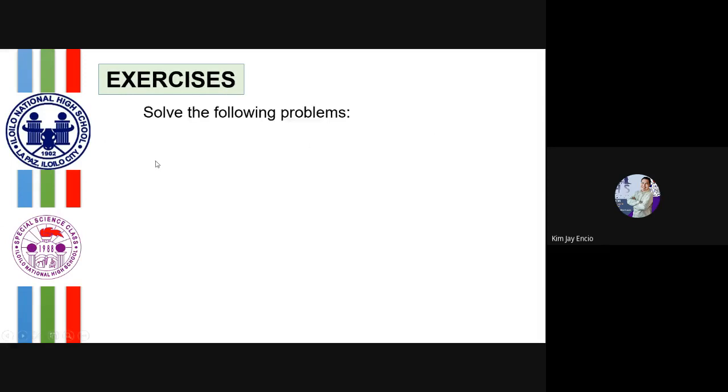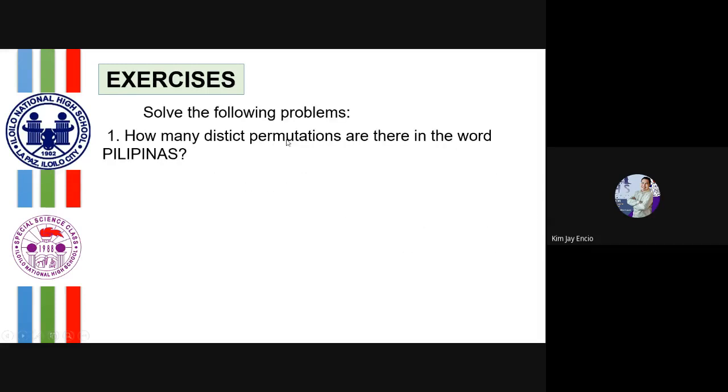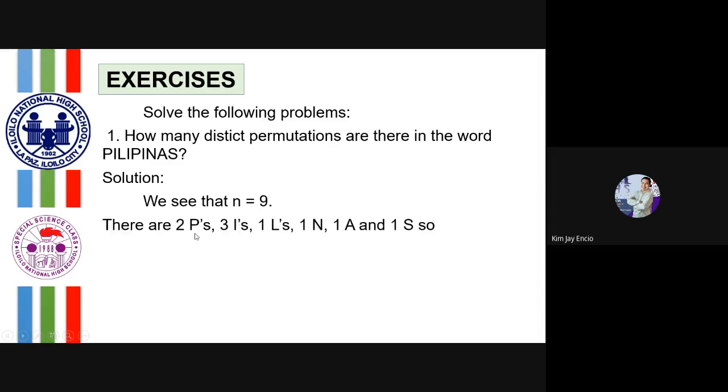Next, let's have the following problems. How many distinct permutations are there in the word Pilipinas? So how many letters? 1, 2, 3, 4, 5, 6, 7, 8, 9. So there are 9 letters, so our n is 9. There are 2 P's, 3 I's, 1 N, 1 A and 1 S. So you have 9 factorial all over 2 factorial, 3 factorial.